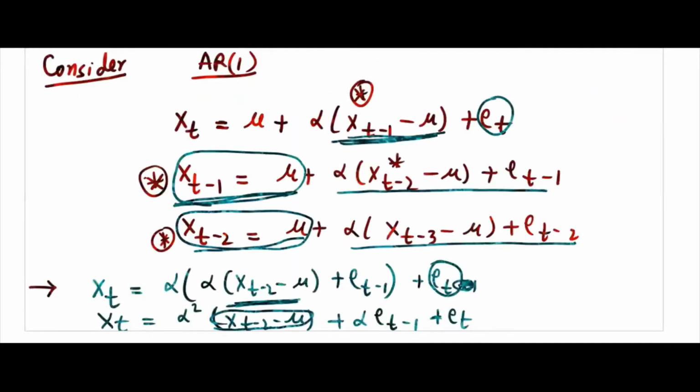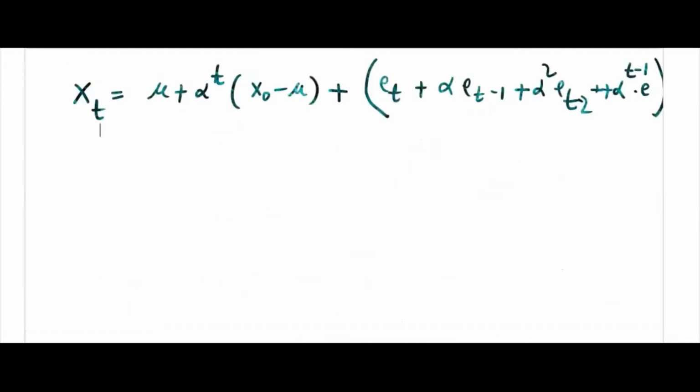When you write power 1 here, you get e_{t-1}. So whatever power is here, that you need to match: e_t means alpha^0 e_{t-0}. See, it's like this, the power and the subscript, they should match. So if I write t minus 1 here, I have to write e_1, not e_0.